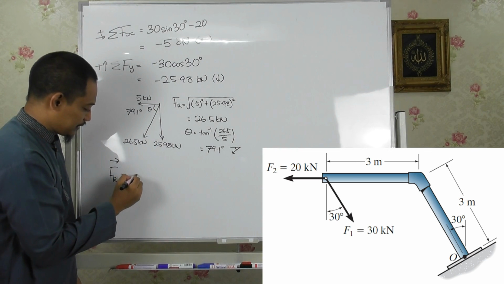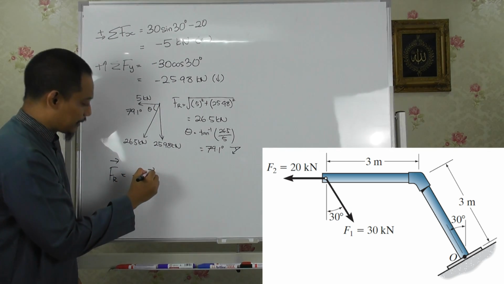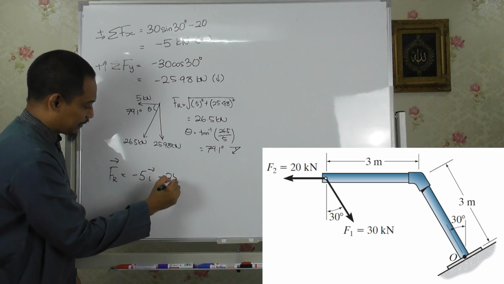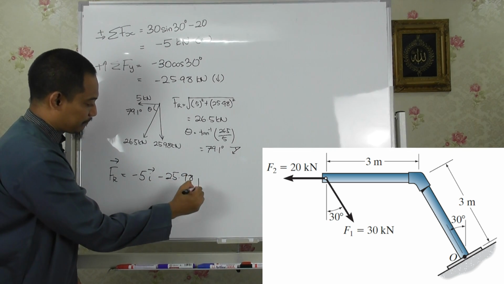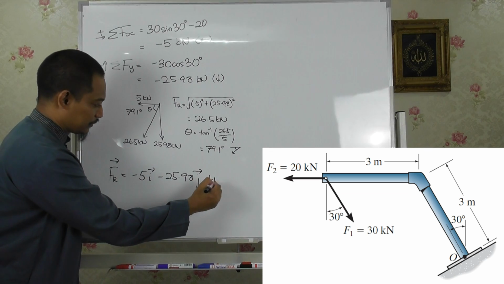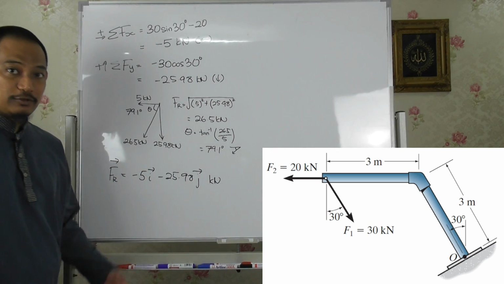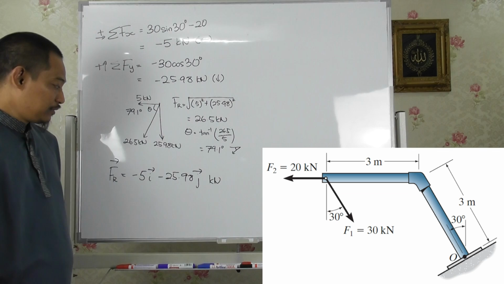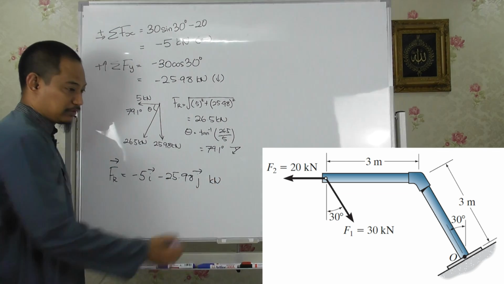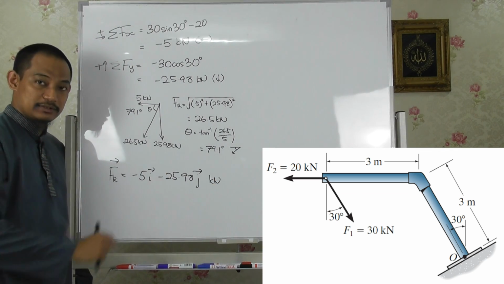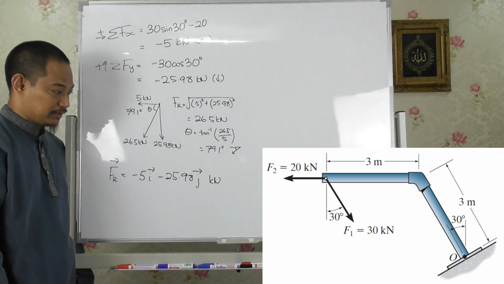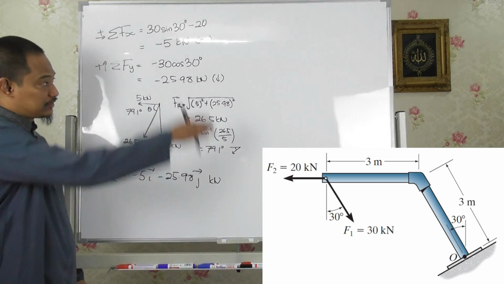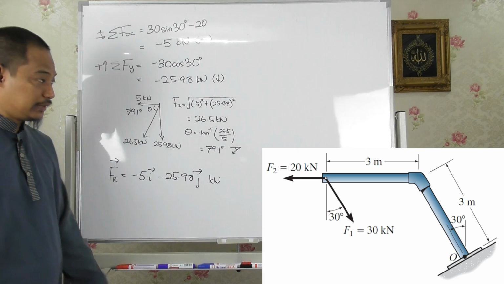So what you will have is just minus 5i, and then minus 25.98 J kilonewton. Of course, the unit must be there for a complete answer as well, right? So that will be your answer, right? So this is the magnitude, and this is the Cartesian vector resultant. This is if you do in a scalar analysis.